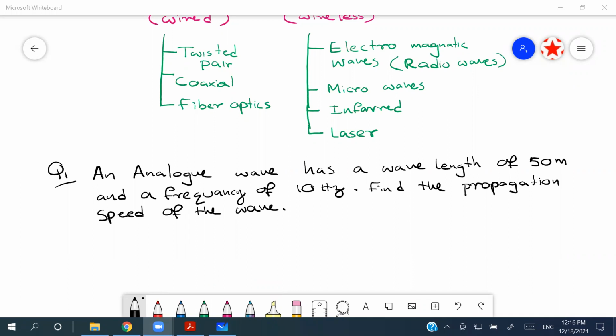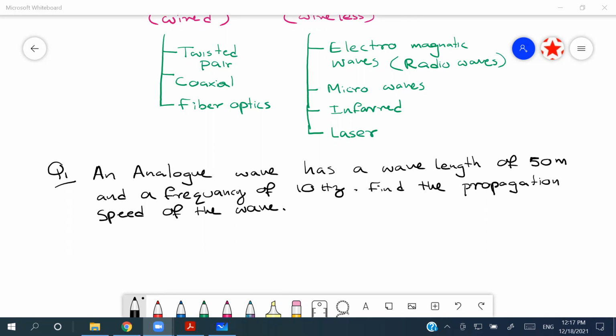Yes, Nikini, what should be the unit? The unit is going to be ms minus 1, meters per second. Yes, Sachintani, that is correct. Yes, Lalindi should come up with a unit too.